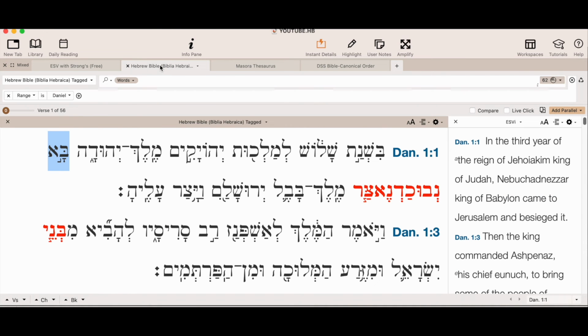So we have the disjunctive accent, and then we get vayatza alea, which is a totally new phrase. You can tell that from the vav consecutive itself. And so we get a conjunctive accent here, followed by the disjunctive siluk. And he besieged it.